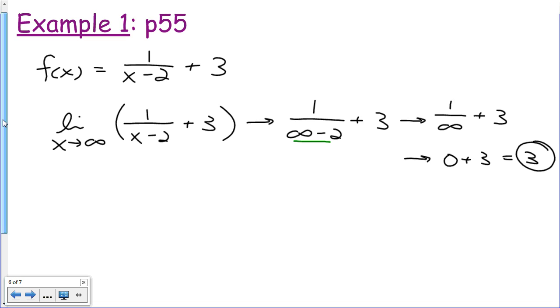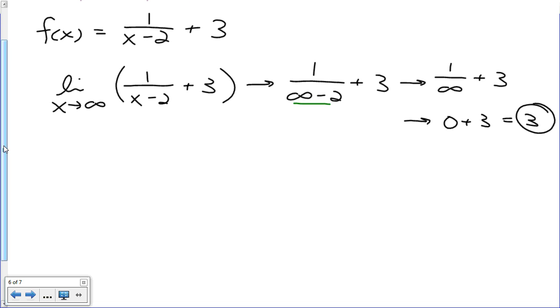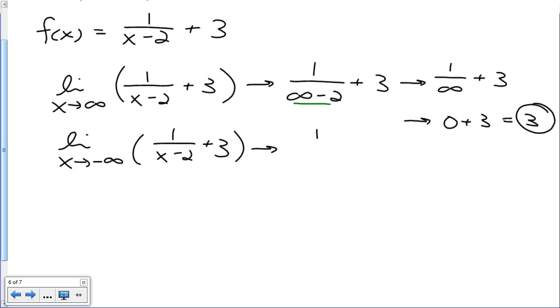All right. Now if we check out what's happening from the other direction, the limit as x goes to negative infinity of 1 over x minus 2 plus 3. Again, substitute in the negative infinity, so it's 1 over negative infinity minus 2 plus 3. And if you check out the form that the denominator's in, negative infinity minus 2, that's a really, really big negative number.